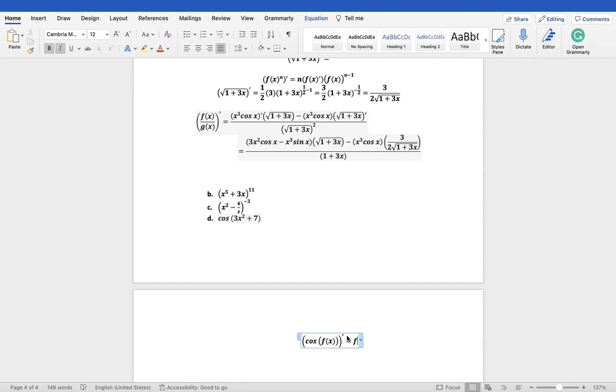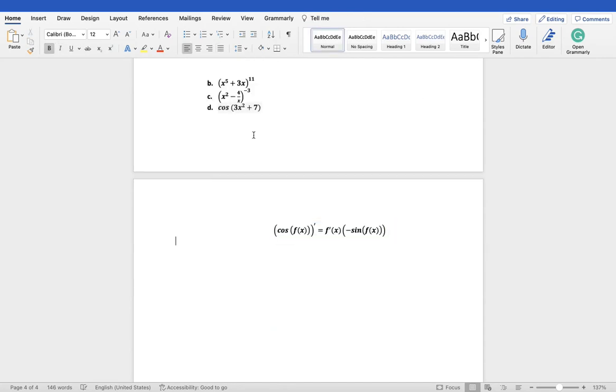Remember, we're always trying to go from inside to outside. The derivative of the inside function multiplied by the derivative of the outside function, which is cos. What's the derivative of cos, guys? Negative sine x. So we have negative sine of f of x in our case, not x. So negative sine of f of x, right? So this is the rule, okay?